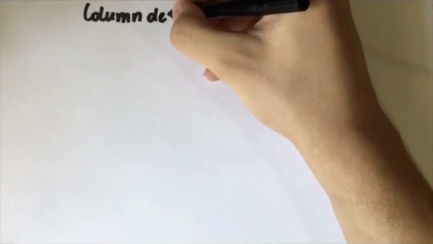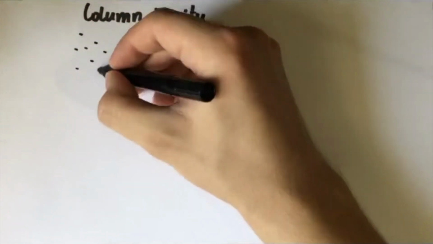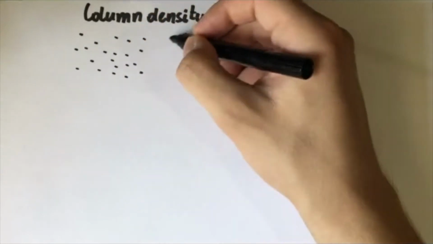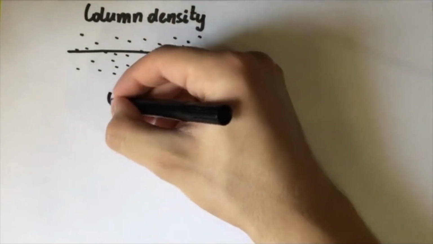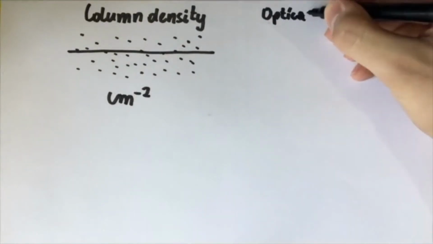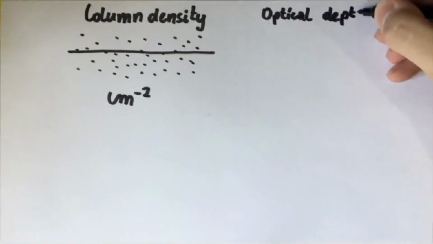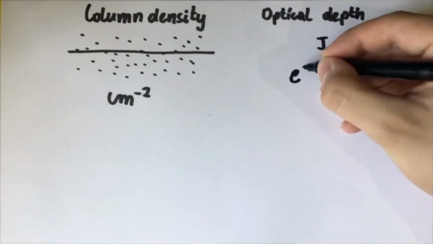From the column density, which we can imagine as a number of particles along the line of measurement, we aim to get a quantity which is called the optical depth. The negative exponential of this quantity would be the proportion between the transmitted and received solar flux.